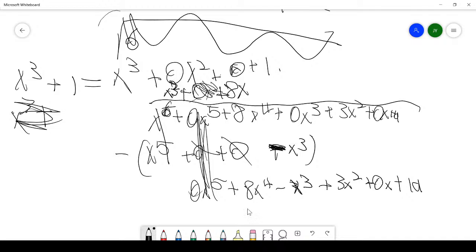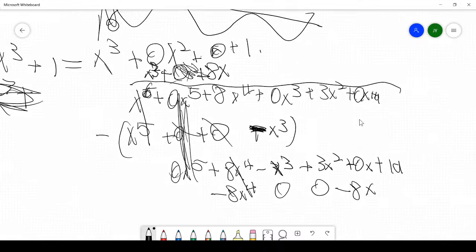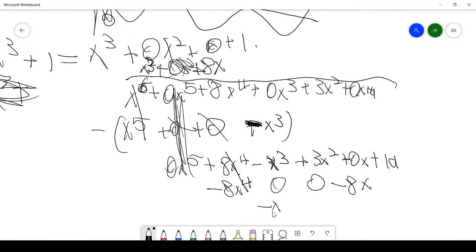So this looks something like 0, 0, 8x. So now this crosses it out. This leaves us with negative x cubed plus 3x squared minus 8x plus 19.